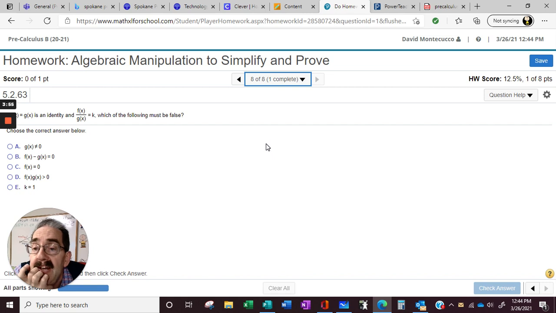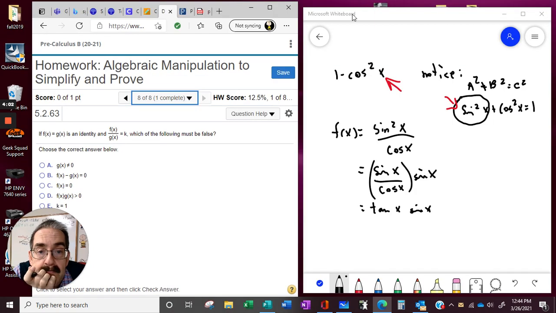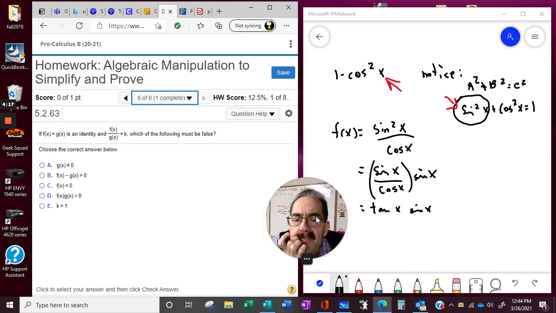So let's go to the last one. If f of x is equal to g of x is an identity, and f of x divided by g of x equals k, which of the following must be false?